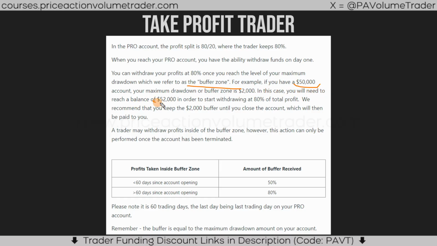So once your account reaches $52,000, your drawdown locks in, and then we recommend that you keep the $2,000 buffer until you close the account, which would then be paid to you. But again, we recommend this as a measure of keeping the longevity of your account, because you want to always try to keep above the buffer zone so you don't bring your balance too close to your liquidation.